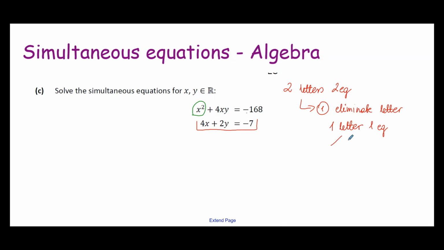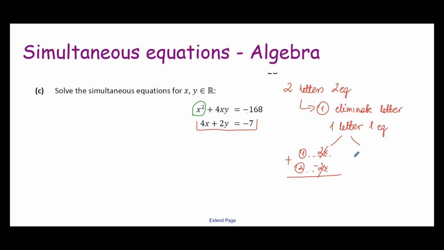There are generally two methods for how we achieve that. One of them is when I take one equation and the second equation and add those two, and one of the letters will get eliminated in that process. For example, I have 2x here and minus 2x, and that way x will get eliminated.